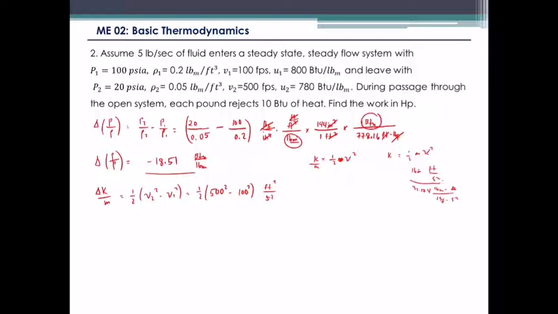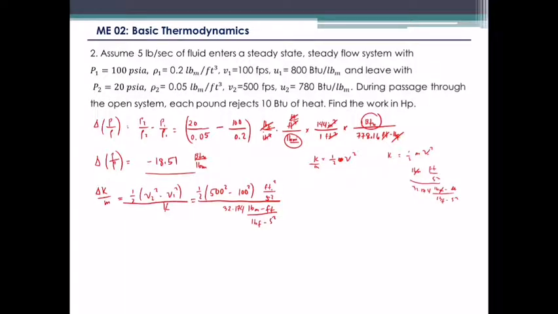So pound mass cancels. We divide this by the value of K, 32.174 pound mass feet per pound force second squared.